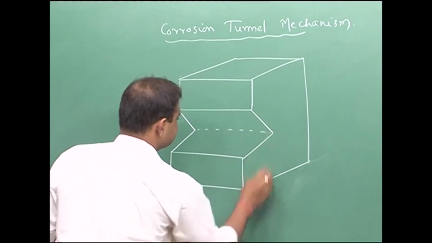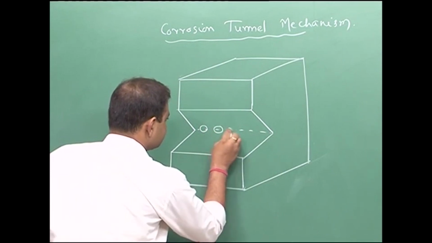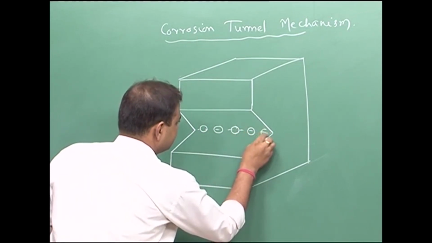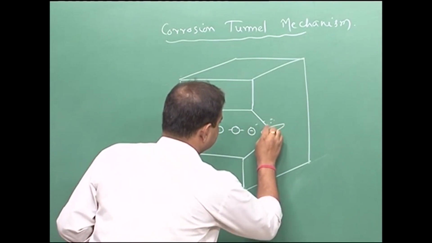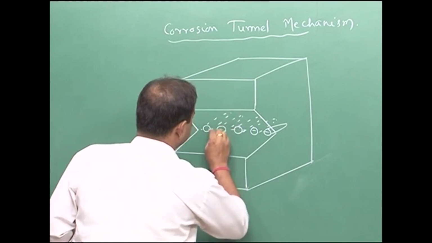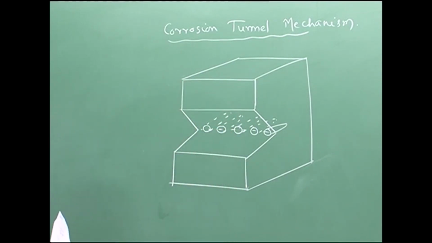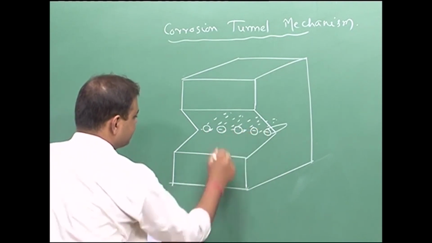This is, let us say, the slip step zone where you have multiple small tunnels, and they are progressing inside the material. These are the tunnels, and gradually those tunnels will grow, and finally small ligaments will form.